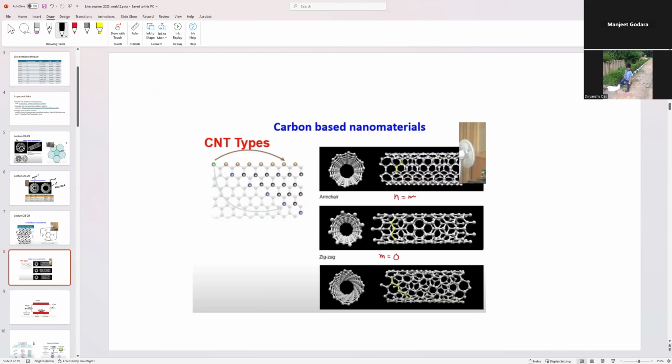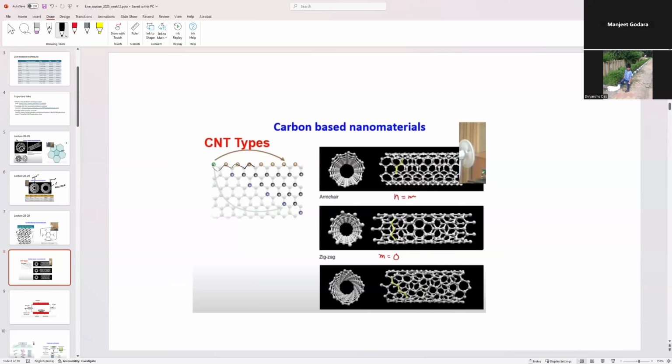There are different types of nanotubes. That depends on how you're folding up this graphite sheet. So if you join this carbon atom with this one, you have this pattern, which is your zigzag CNT. It will fold up like this. So you can imagine this side.